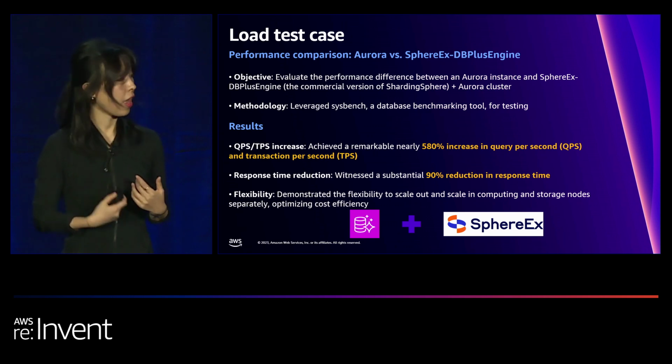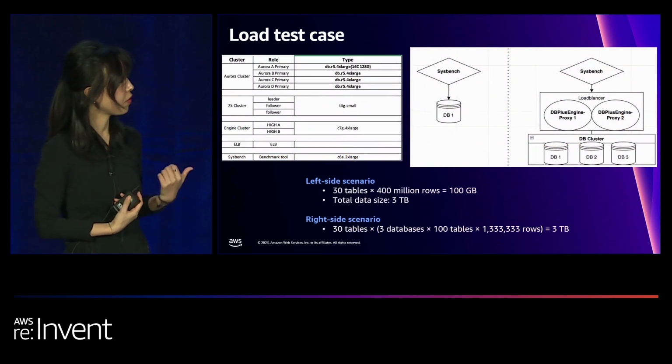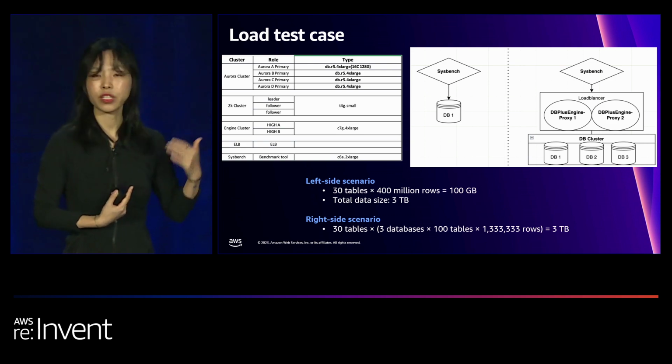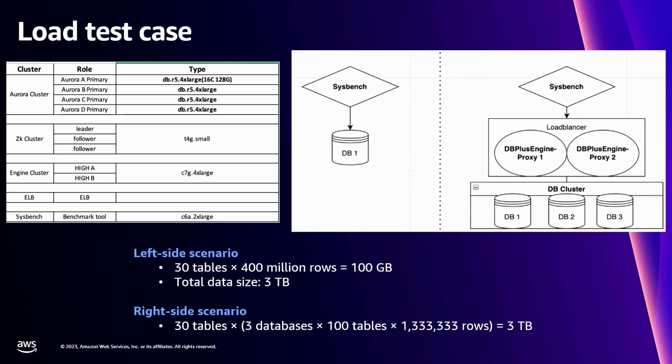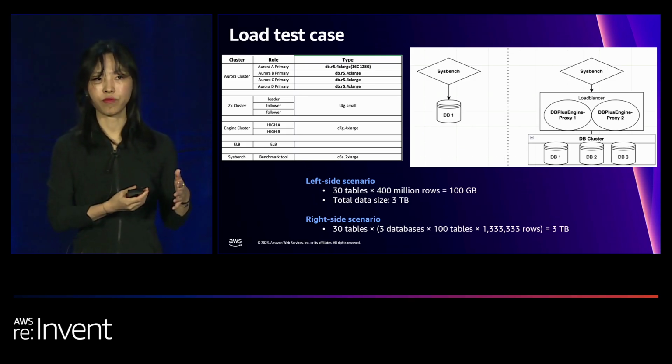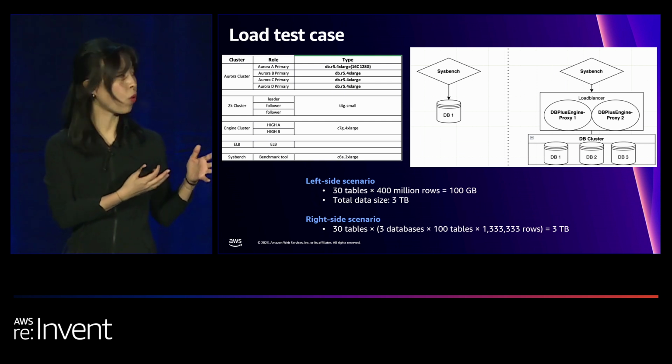And how to get the result, I gave this load balance case. On the left, I just list all of the database instances, the benchmark tool, the proxy, and so on. And the right one is our test subject. The left one is just one Aurora, right? We can evaluate the performance of the single Aurora.